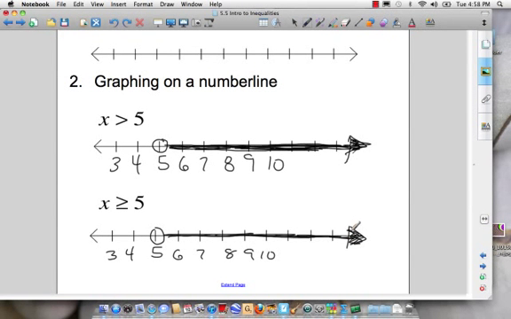Because it says greater than or equal to, the way I show that I'm including 5 is by filling in this dot. That's the standard way of letting someone know that you want to include 5. So notice the difference: x is greater than 5, x is greater than or equal to 5. They look very similar.